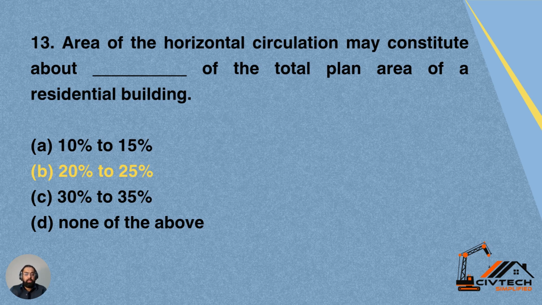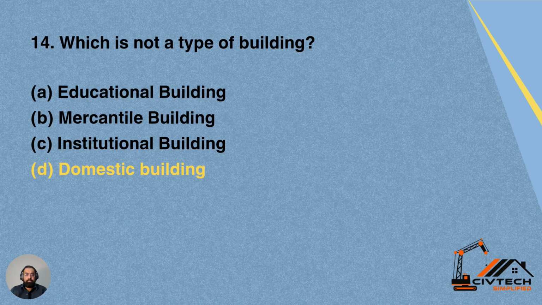Number B is 20 to 25%. C 30 to 35%. D none of the above. Horizontal circulation area consists of 20 to 25% of the total plan area of any floor. So option B is correct for this question.